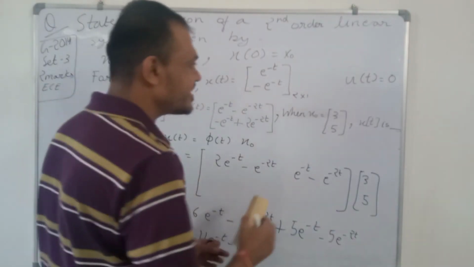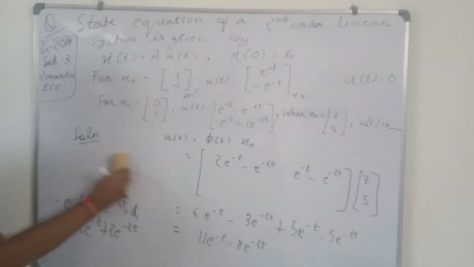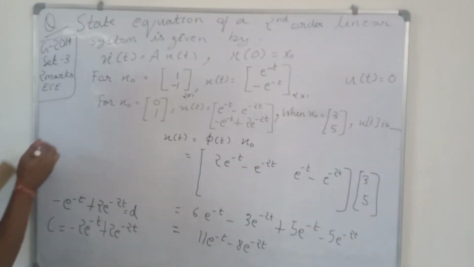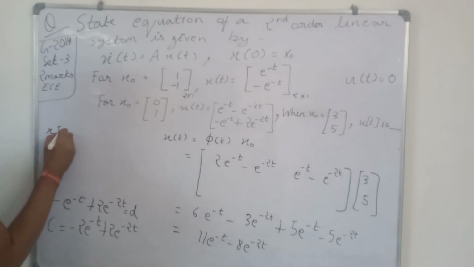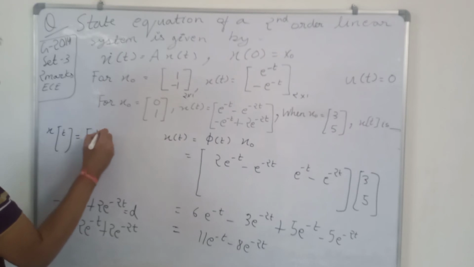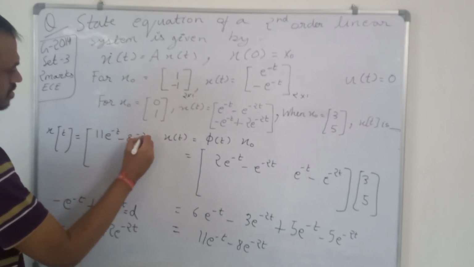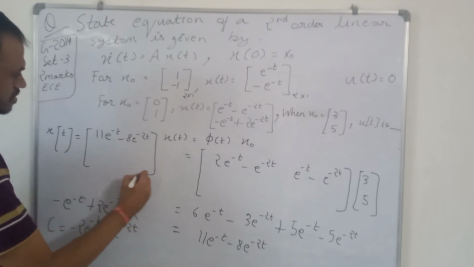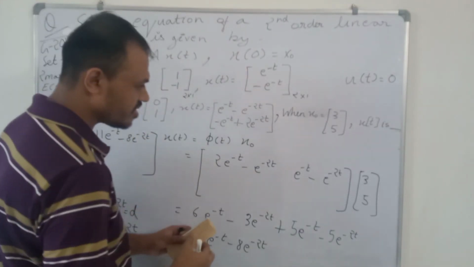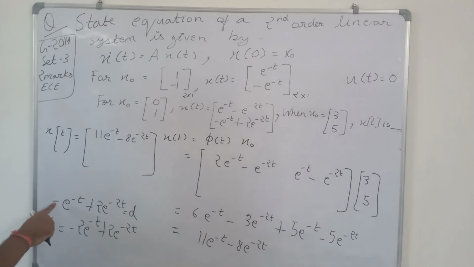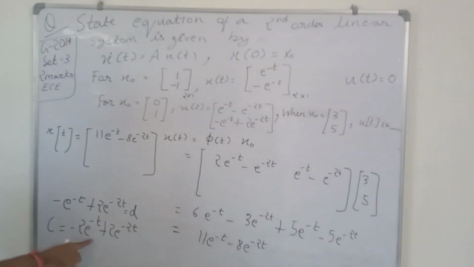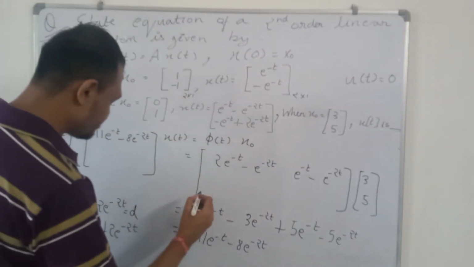So I am writing matrix x of t here. And c was minus 2 e to the power minus t plus 2 e to the power minus 2t.